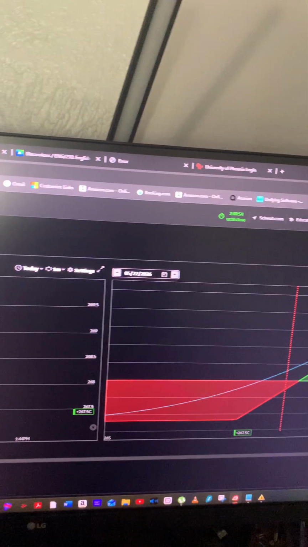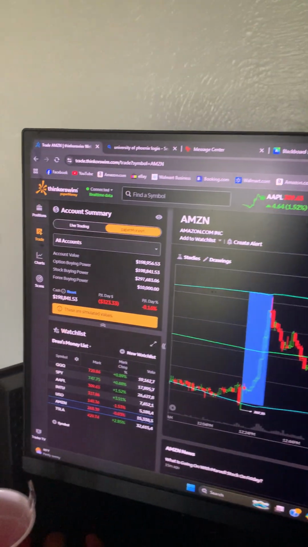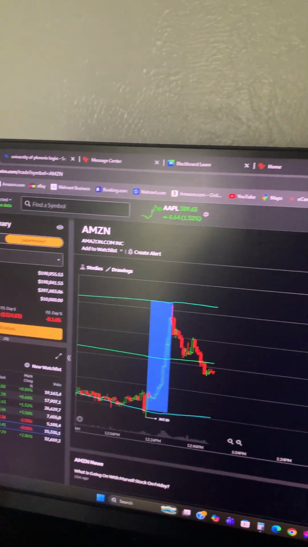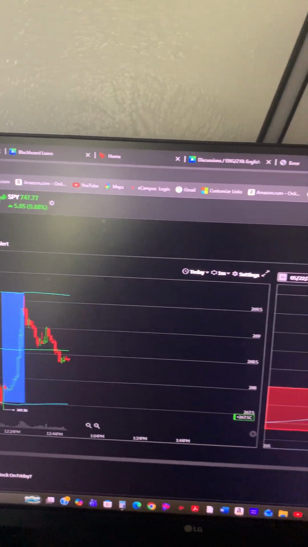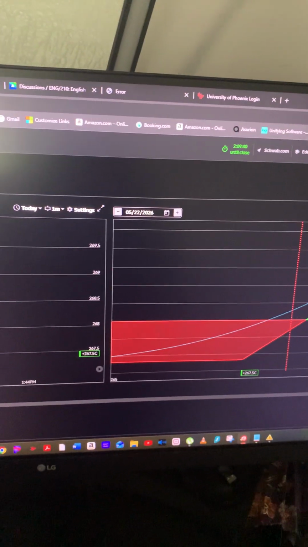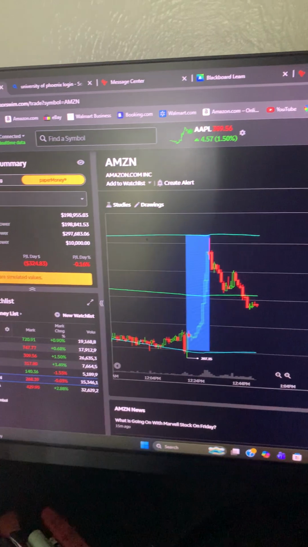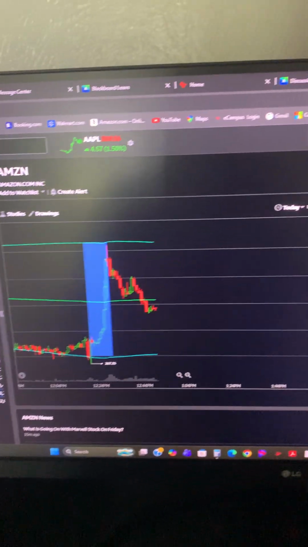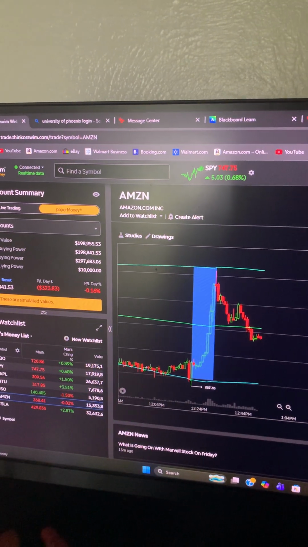I'm going to monitor it, because right now I'm trading paper. I try to play it safe and learn what works for me or what not, because overall in trading, you have to feel comfortable, right? So yeah, this is Amazon today. We're trying to work on killing a little bit of this loss.